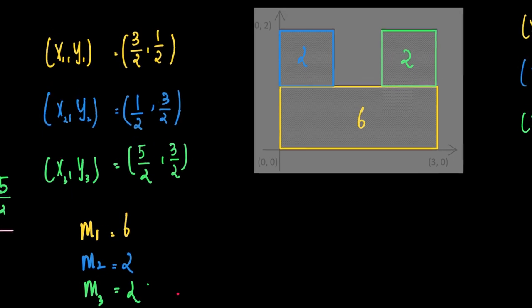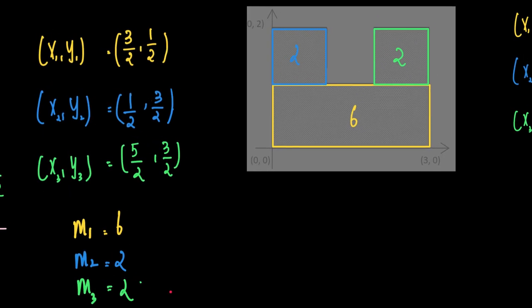We can find out the masses of these figures. If you have written notes for the previous solution, we have very clearly stated that for equal areas, the masses will be equal when the given plate is uniform in nature, which gives us the mass of the larger rectangle as 6, the smaller as 2, and the smaller as 2.